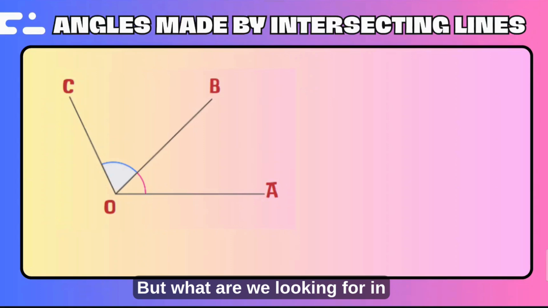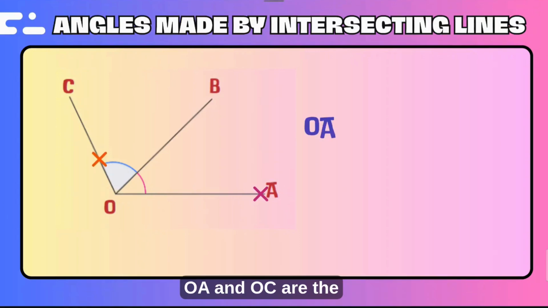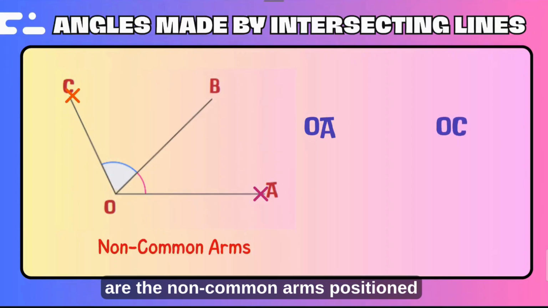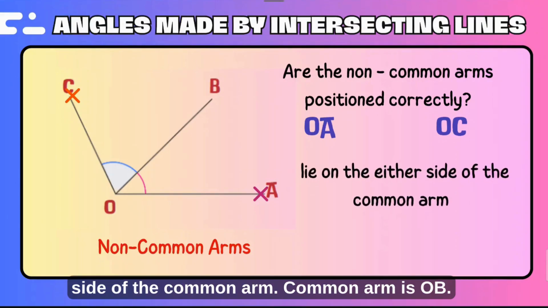What are we looking for in non-common arms? We are looking for their position. So OA and OC are the non-common arms. But are the non-common arms positioned correctly? What is the correct position? They should lie on either side of the common arm. Common arm is OB.